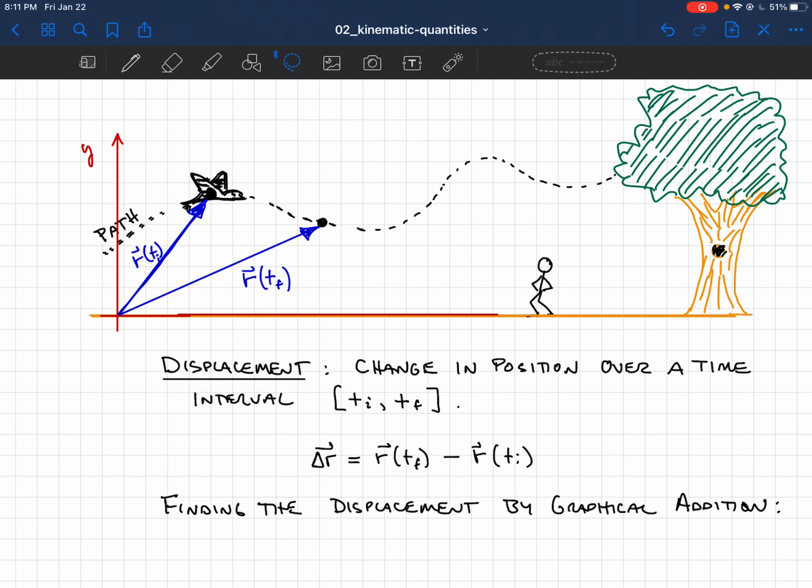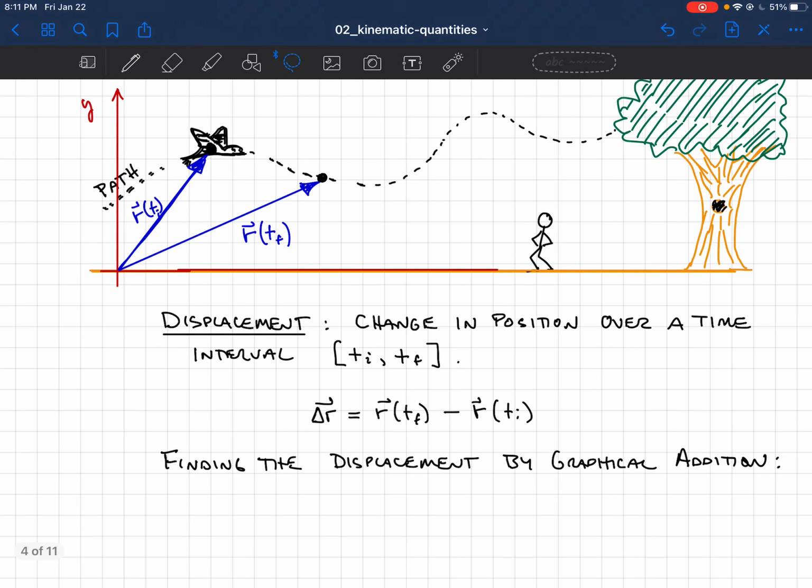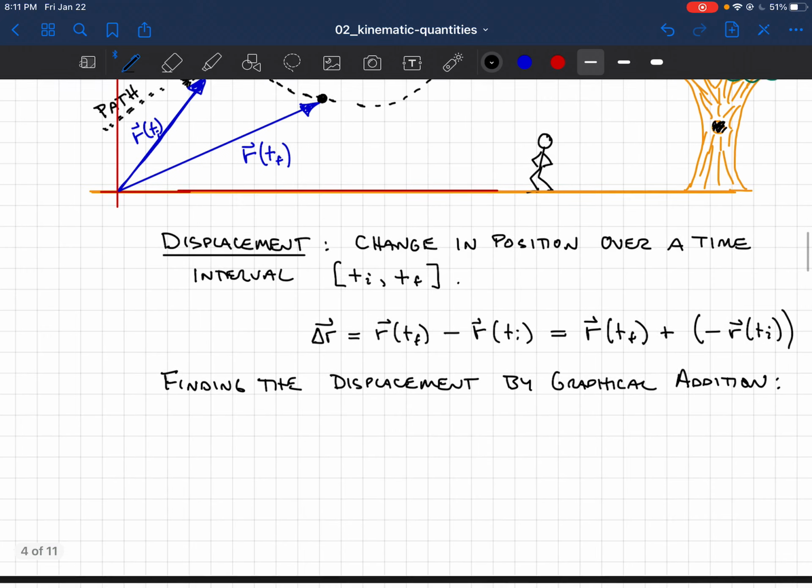We can do graphical addition to figure out exactly what it is in this case. So this thing here means r at t final vector plus the minus r at t initial vector. And we know how to add vectors. The minus sign, remember, just flips something around. So let's try that out.